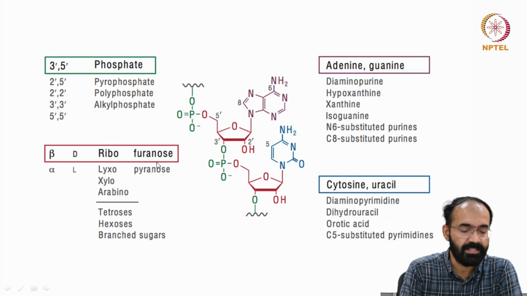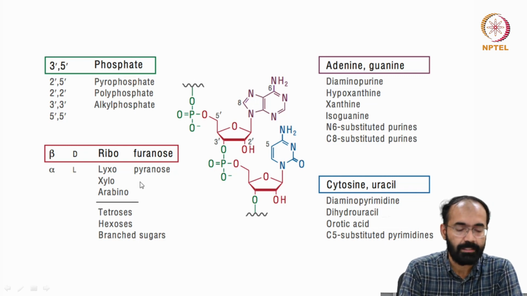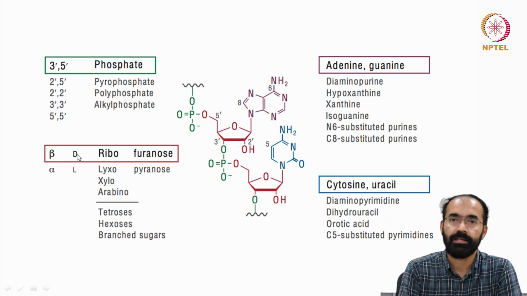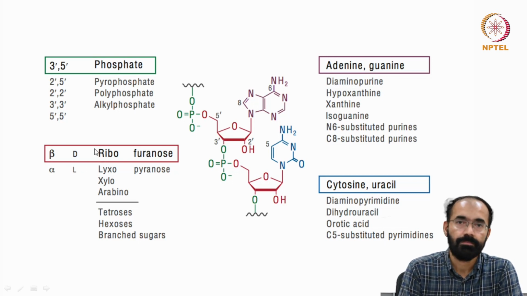And if you see on the left-hand side down, you also have beta-D-ribofuranose, and you have alpha-L-lyxopyranose. What D stands for is dextrorotatory, that is from the chemistry of optical activity of organic molecules, and L stands for levorotatory. Those who have studied chemistry will know that optical activity is a property of various chemical molecules which has the ability to rotate the plane of polarization of plane polarized light while in solution.